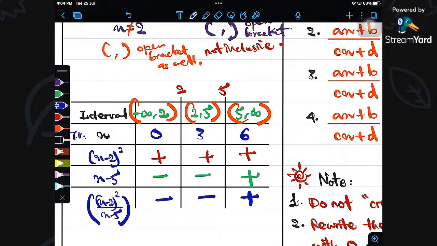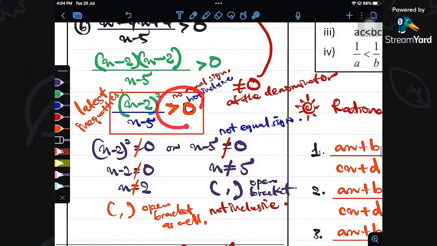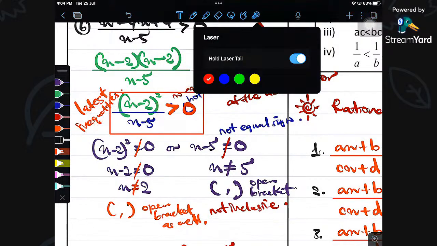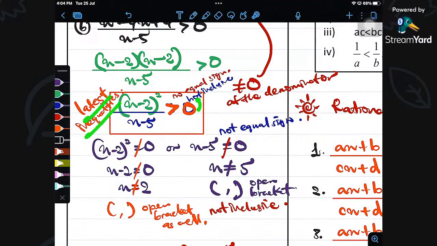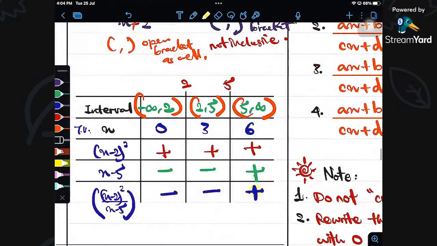Just be careful in choosing the answer based on our latest inequality. Our latest inequality said that it is more than. This symbol is important. This symbol said that we need to choose the positive sign.